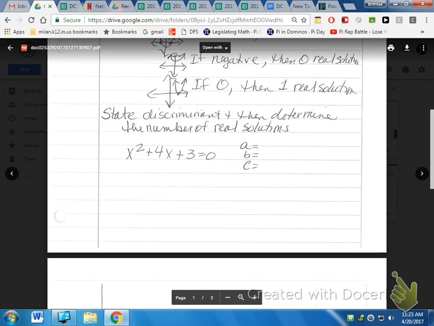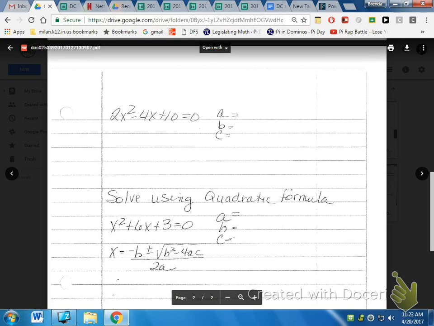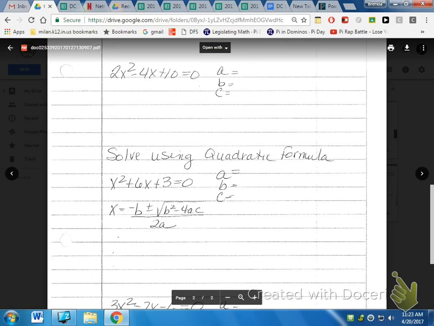So now, oh, they want us to do another one. Here we are. 2x squared minus 4x plus 10 equals 0. So my A is 2, my B is negative 4, and my C is 10. So B squared minus 4AC is my discriminant.